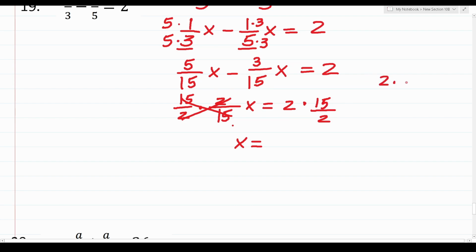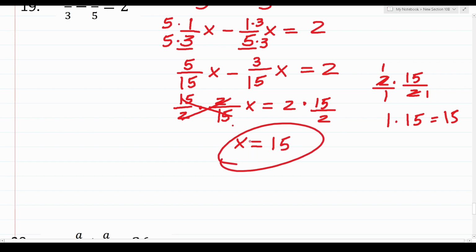We have 2 times 15 over 2. Again, I could write 2 as a fraction by placing it over 1. And I can actually reduce this very quickly. I could say 2 goes into 2 one time, 2 goes into 2 one time. So this becomes 1 over 1, which is just 1, times 15 over 1, which is just 15. 1 times 15 is just 15. So x is 15 in this case. And we are done with that one.